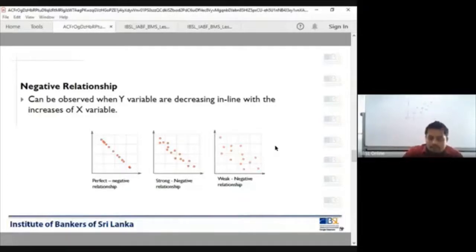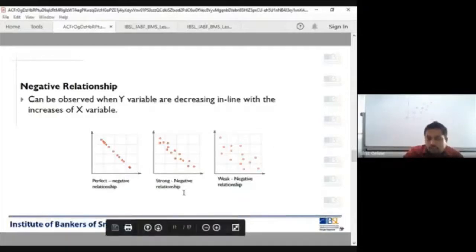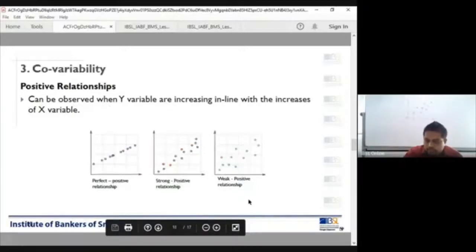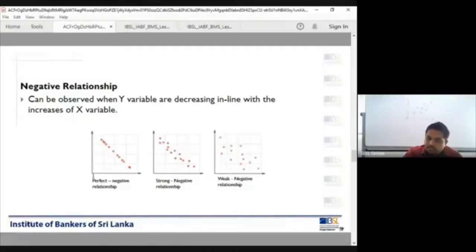So you may observe that the three instances that we are going to discuss here, perfect negative, strong negative, and weak negative, are the exact opposite of these three positive relationships, where your y value increases with the x value. Here, the y value decreases with the increase of the x value.